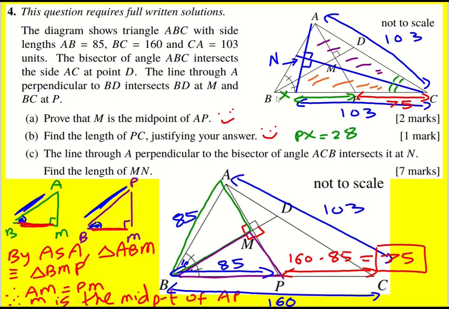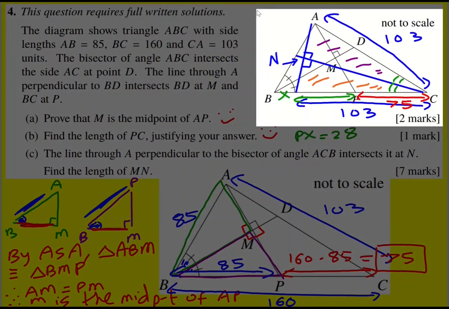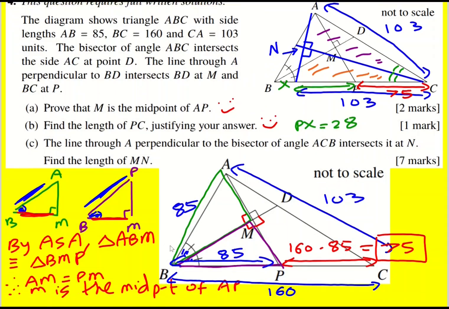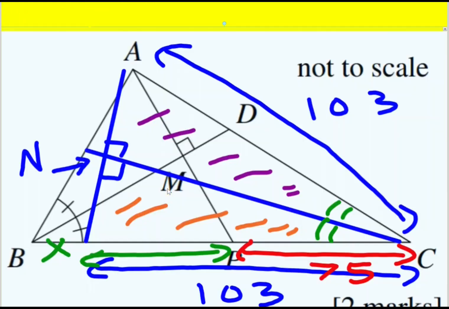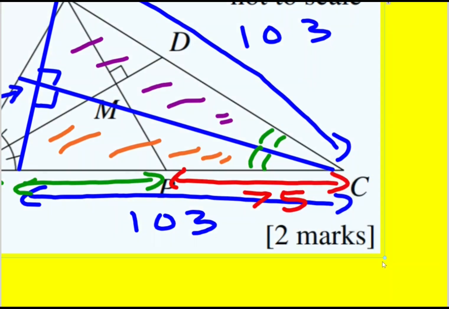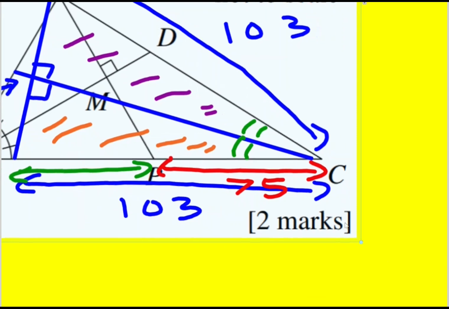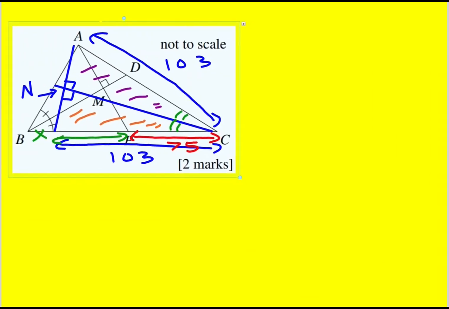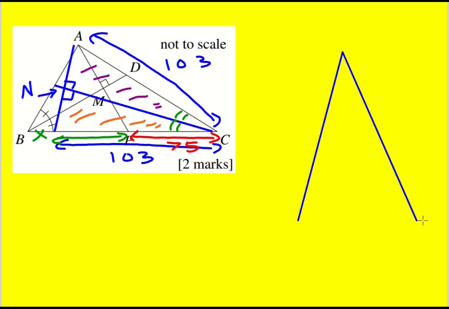I think I'm gonna bring this down, just draw it. It's just not quite enough room. Okay, so if I just draw this triangle out in isolation, then I've got this X, P, A. I've just said that this length here is 28.